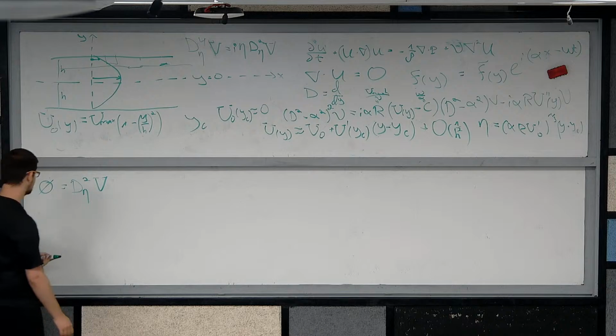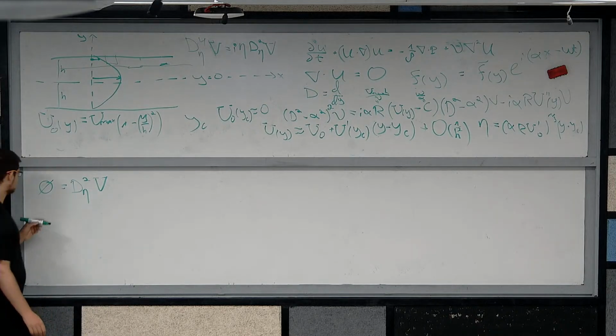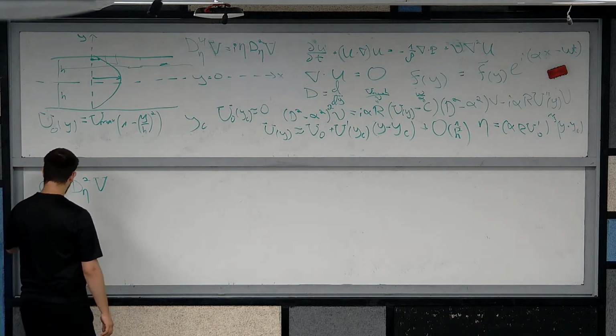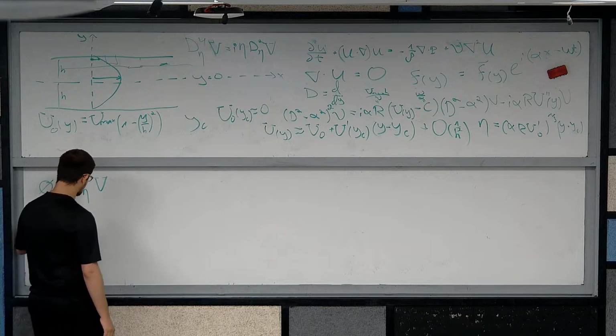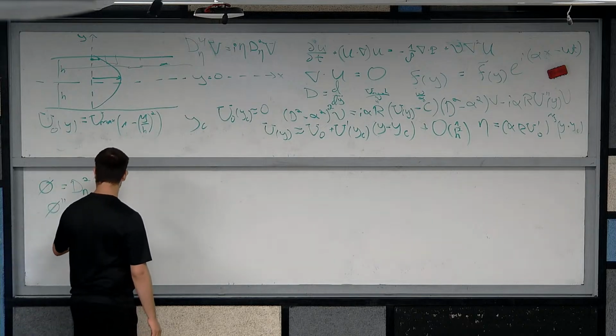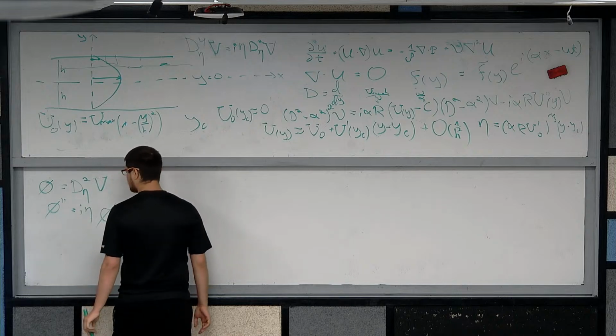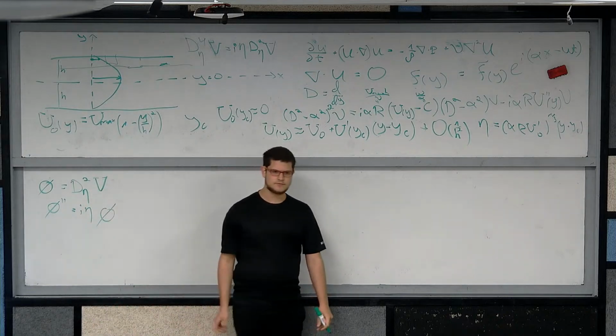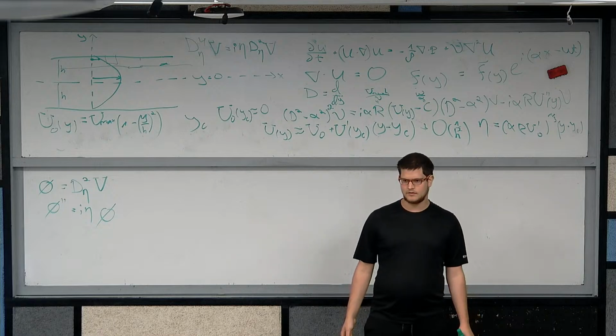Some sort of Airy equation. So we will get phi double prime equal to i eta phi. So it's actually very familiar, right?